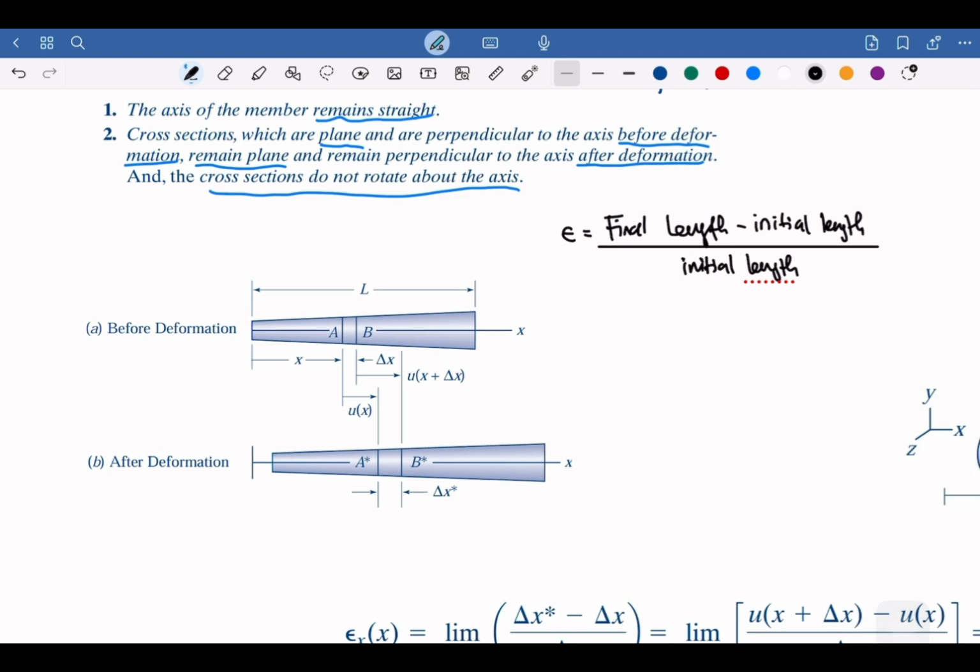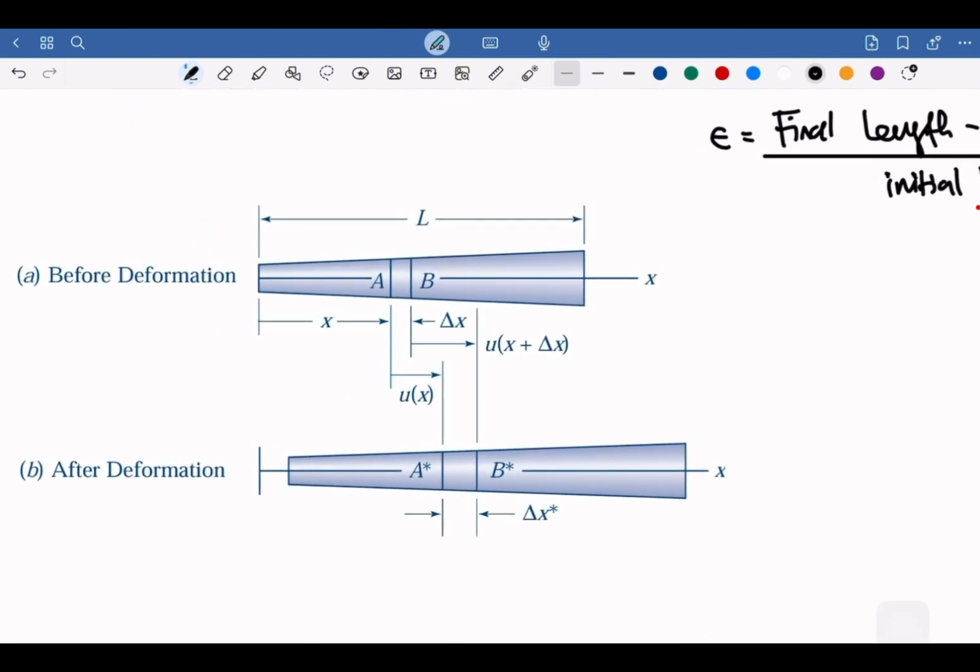So we say this distance is going to be the displacement of the cross sections. We can say the displacement at the cross section A will equal the displacement ux.